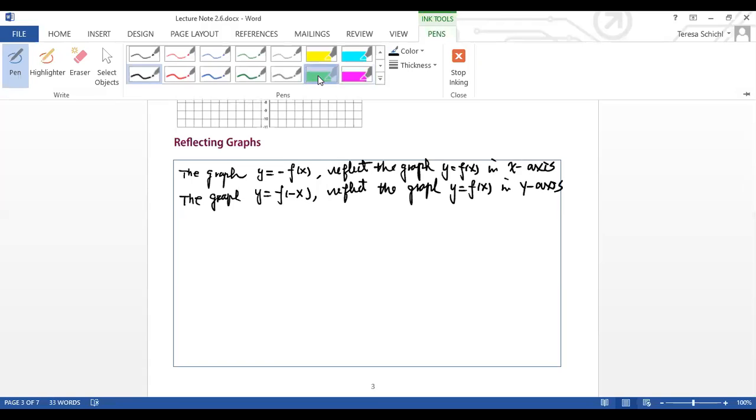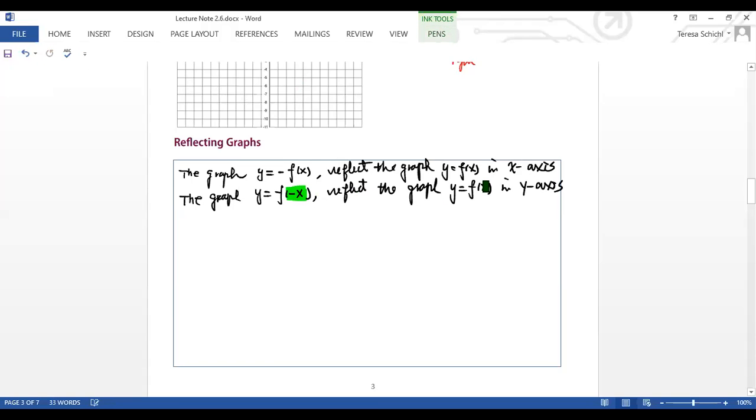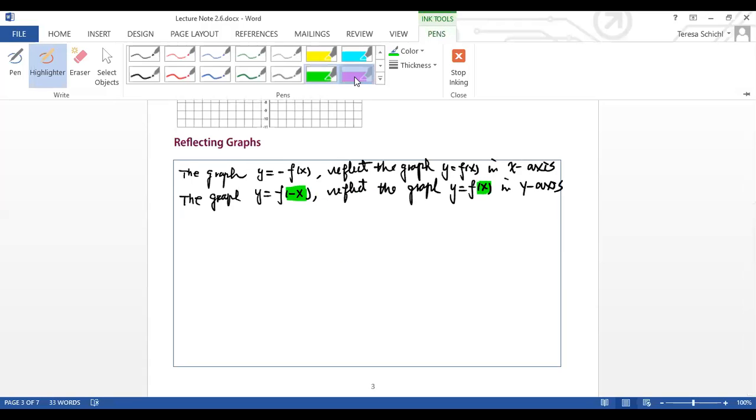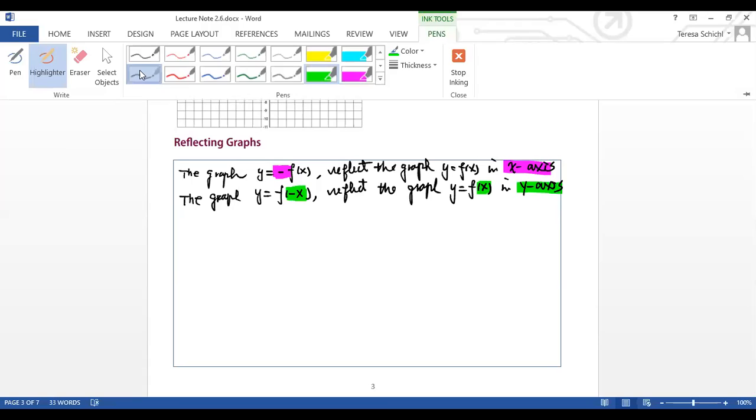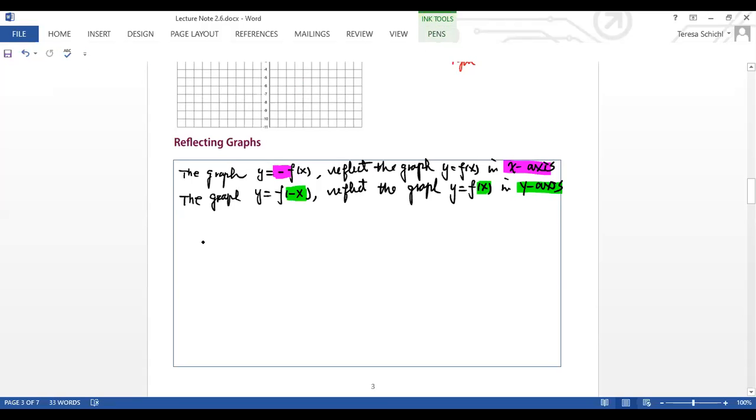So be careful here. That's why it flips over the y-axis. For the other one, you switch positive to negative, that's why you flip over the x-axis.